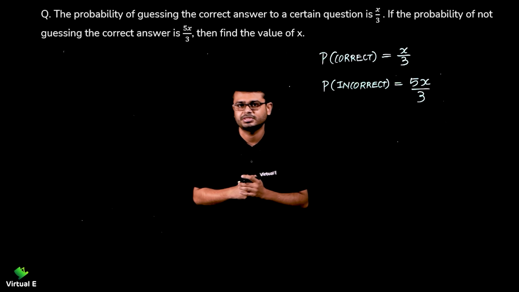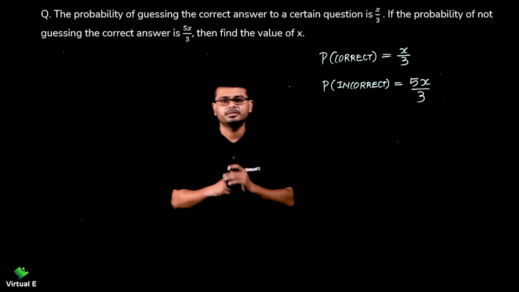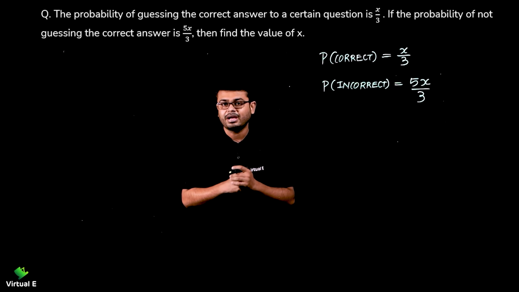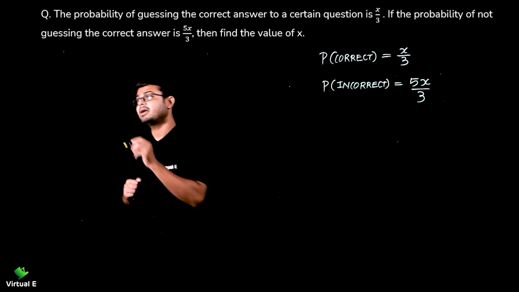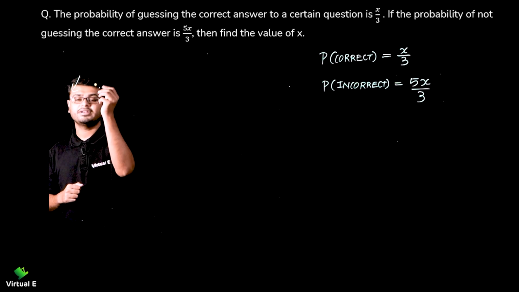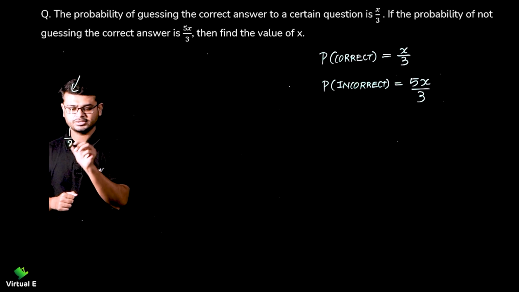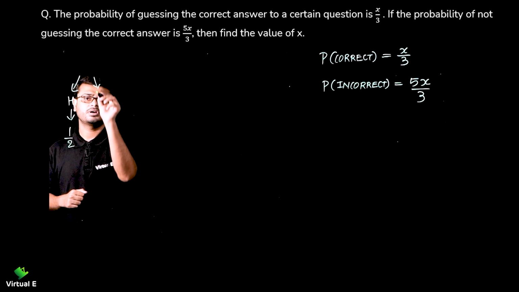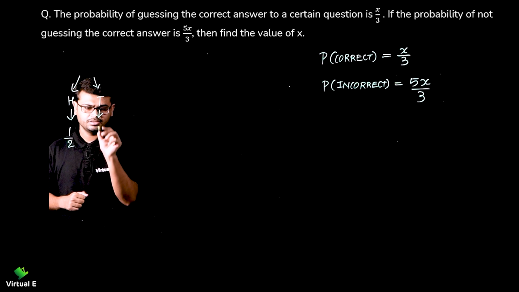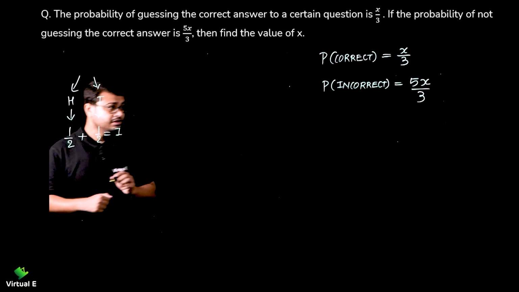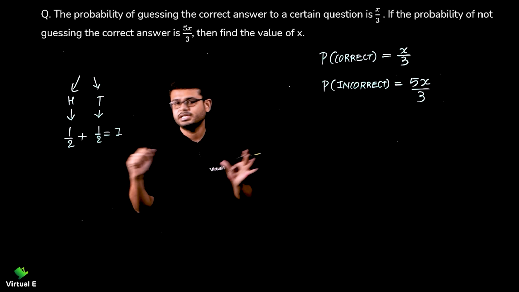So how shall we proceed? Remember, we discussed one question where we discussed the property of probability. Like I told you, when we toss a coin, for head it is 1 by 2 and for tail it is 1 by 2, and when you add them up you get 1. So this property we are going to use.